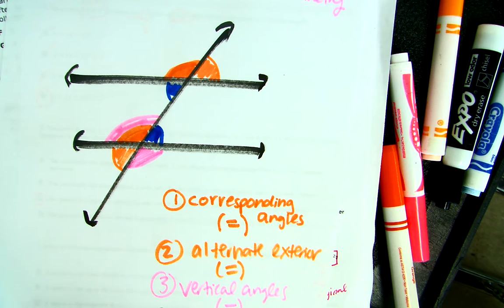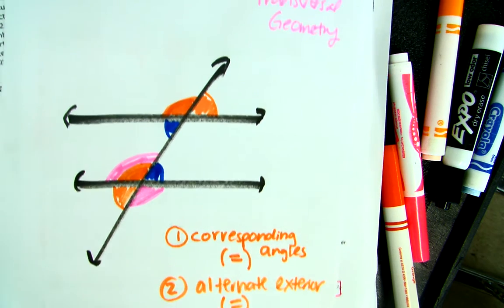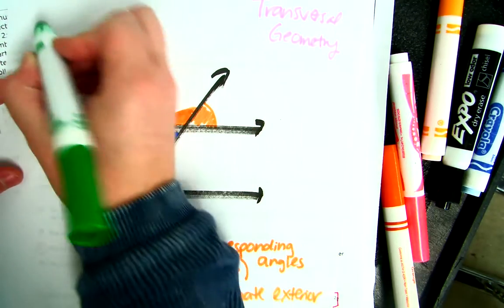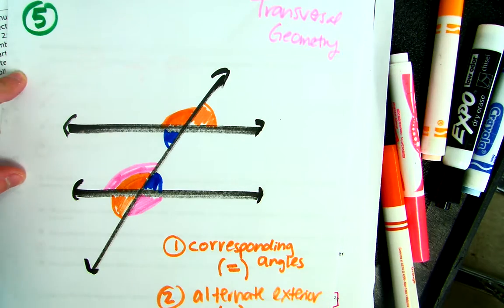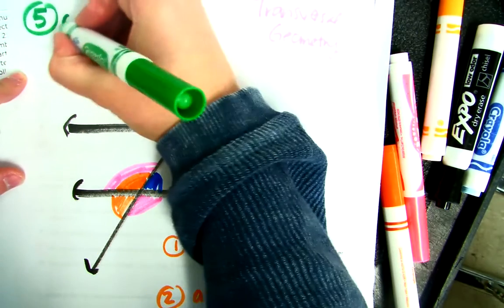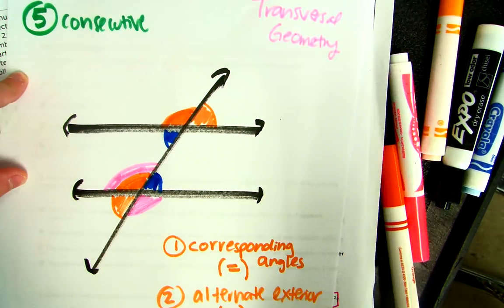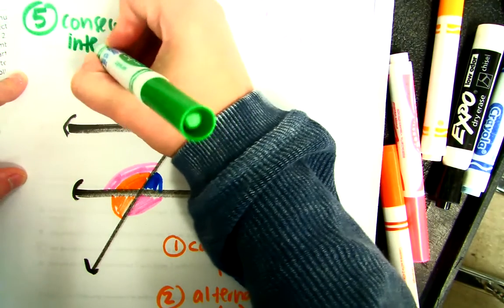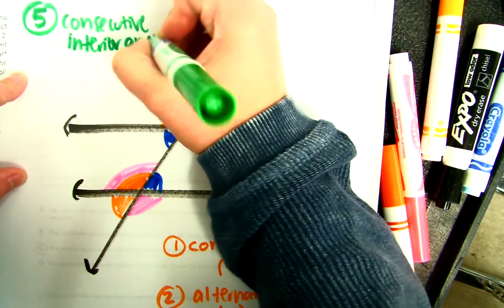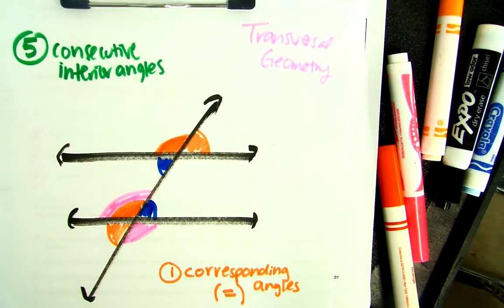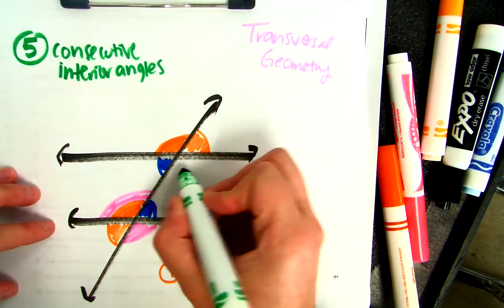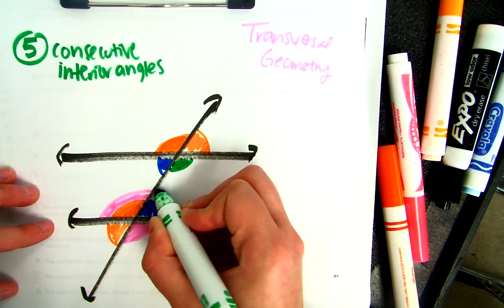So that means that the other ones I have are going to be supplementary, or therefore add up to 180. The first one that I'm going to say, I'm going to label this top left. You can label it wherever you want. Those are going to be consecutive interior angles. Consecutive means next to each other. So that would be, for example, right here and another one right here.